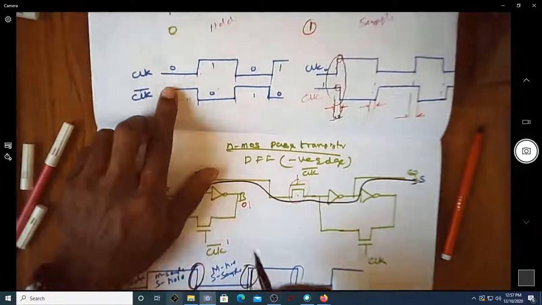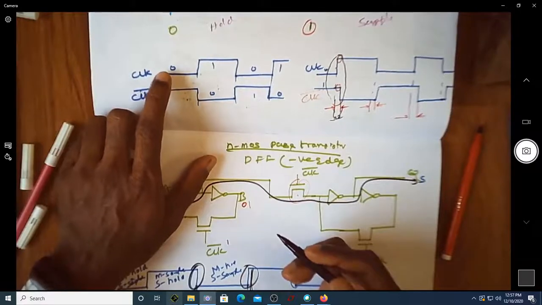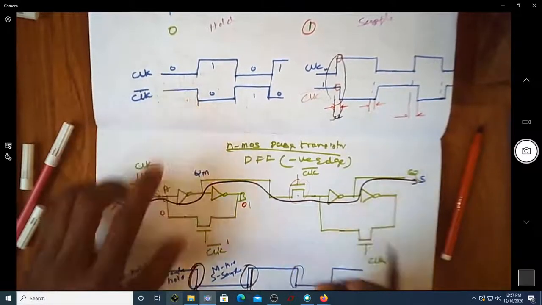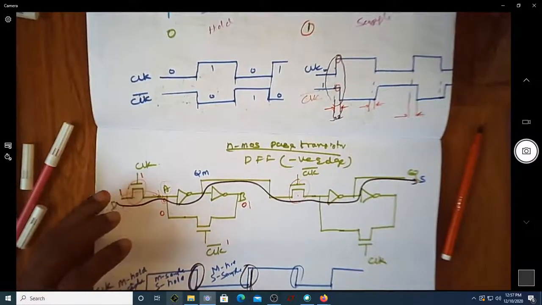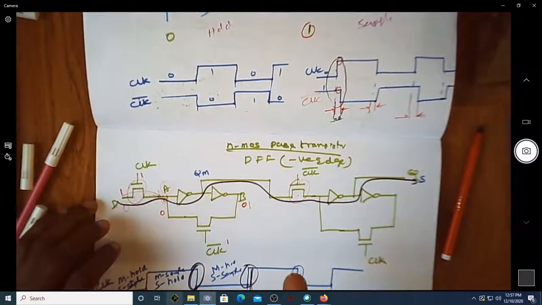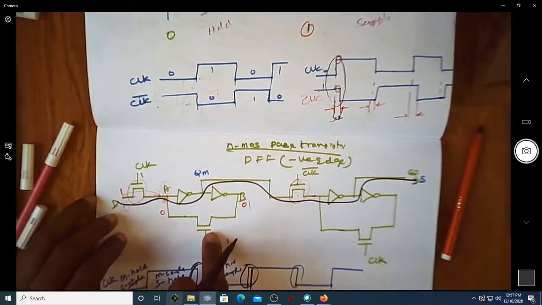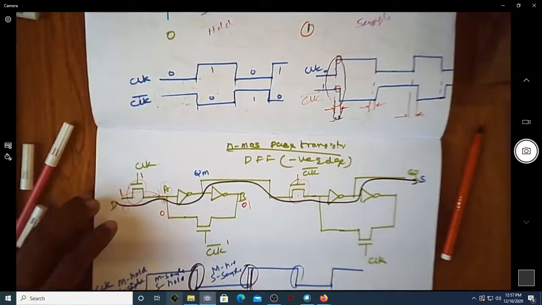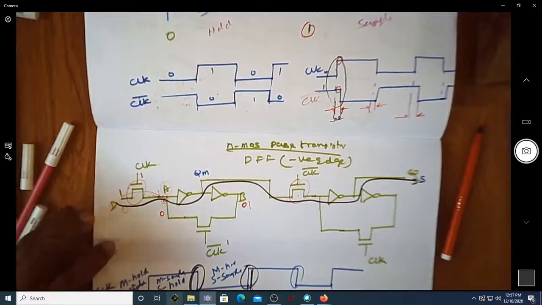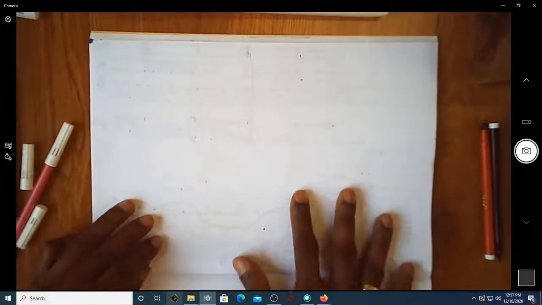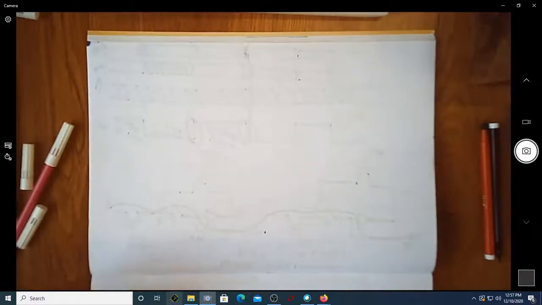Instead of having complementary inputs like a clock and clock bar, we can certainly drive such D flip-flops using non-overlapping clocks. We will see how we have non-overlapping clocks to avoid this race-around condition, and so that the same node is not driven by two sources. That we'll see in the next video.